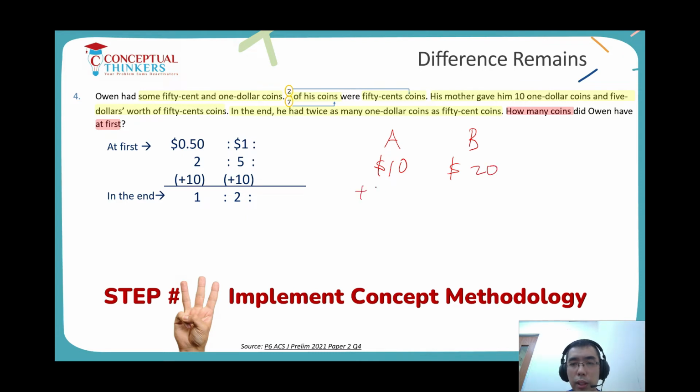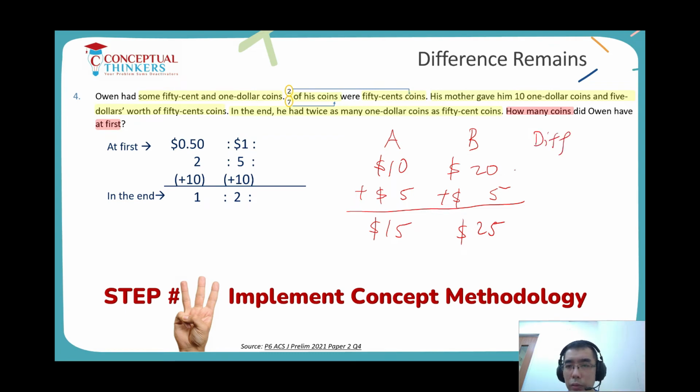Let's say that A received $5 and B also received $5. What will happen is A will have $15 in the end and B will have $25 in the end. If we compare the difference, we'll notice that the difference at first is $10 and the difference in the end will also be $10. We can do it by taking 20 minus 10 and 25 minus 15.